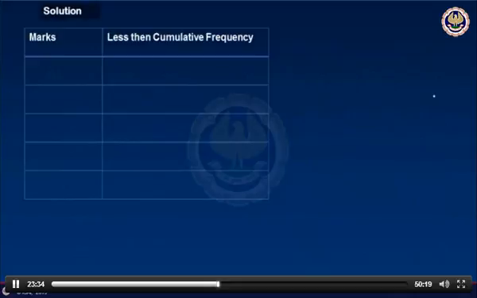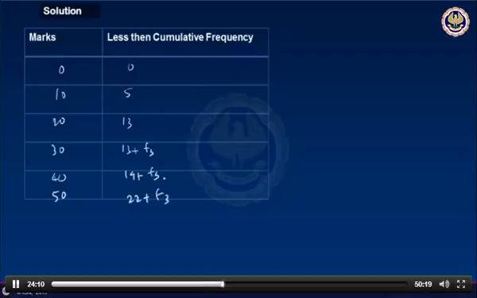Already we have seen in the last slide, the data is 0, 10, 20, 30, 40 and 50, and the less than cumulative frequencies are 0, 5, 13, 13 plus F3, 19 plus F3, 22 plus F3.